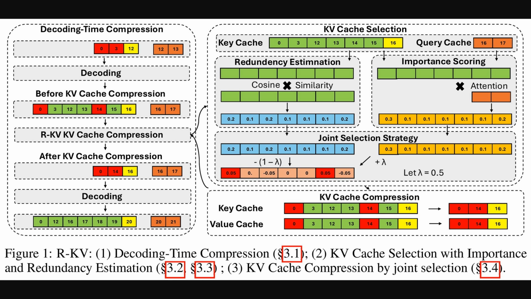It simultaneously calculates two things. First, it measures redundancy using a technique called cosine similarity, which basically checks how similar different pieces of information are. And second, it calculates importance using the model's own attention scores, which tell us what the model is focusing on. It then combines these scores to decide what to keep.